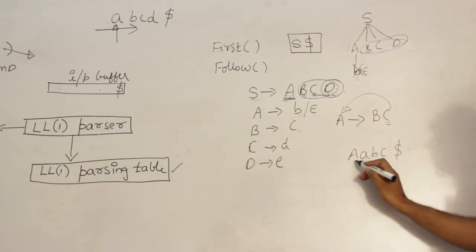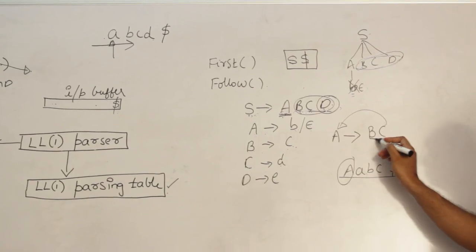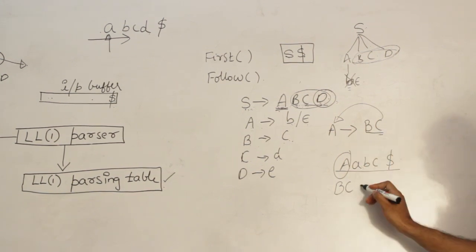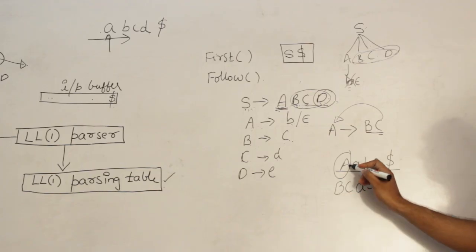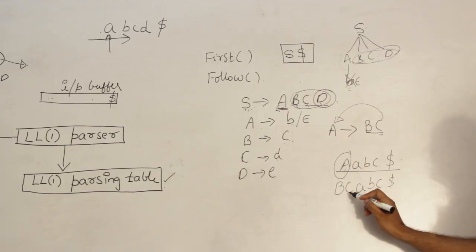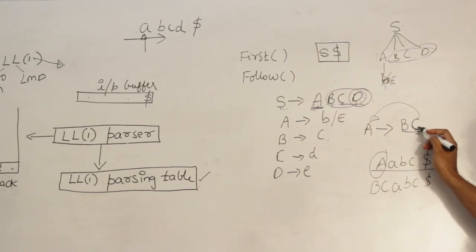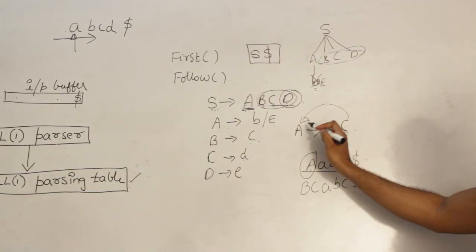Now we are going to replace A with this bc. If I replace A with bc, then whatever was previously following A will now follow C. That is why, if there is nothing at the right side of a variable in the right hand side, then follow of that variable is always follow of the left hand side.